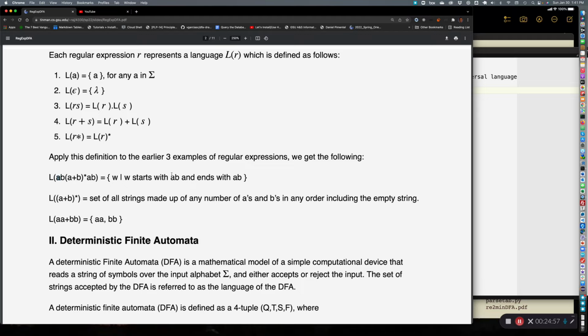There is an intuitive language associated with every regular expression, and that's the key thing to keep in mind. I think we have now completed the definition of regular expressions and what language they denote. We have those three operations: the product, the union, and the Kleene star, and you can make all kinds of regular expressions out of the definition.